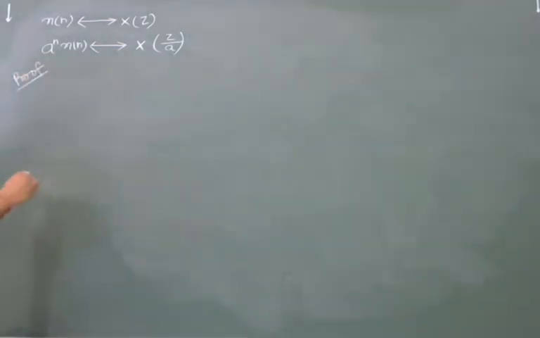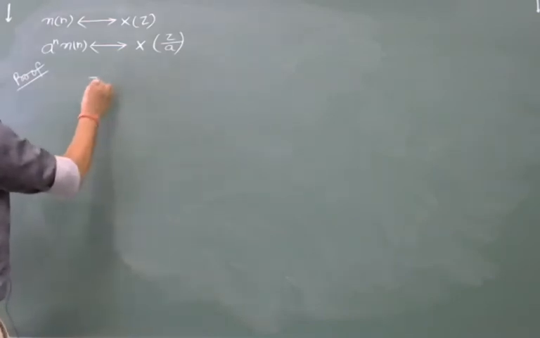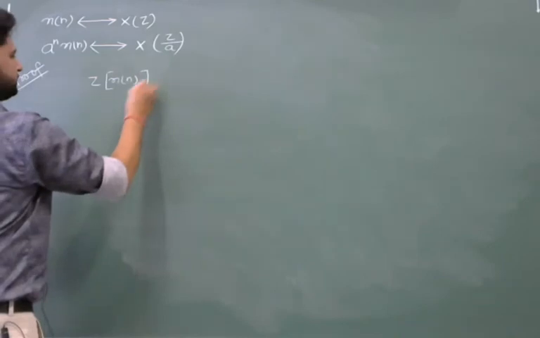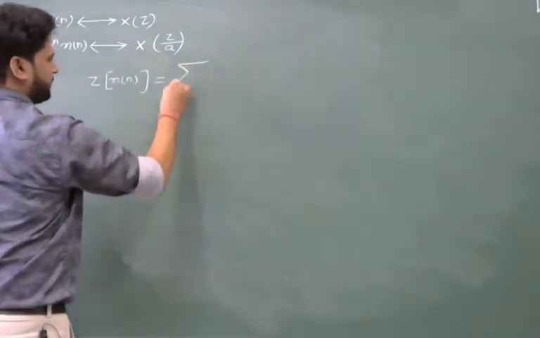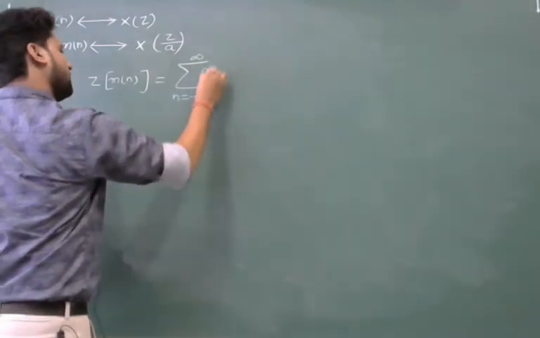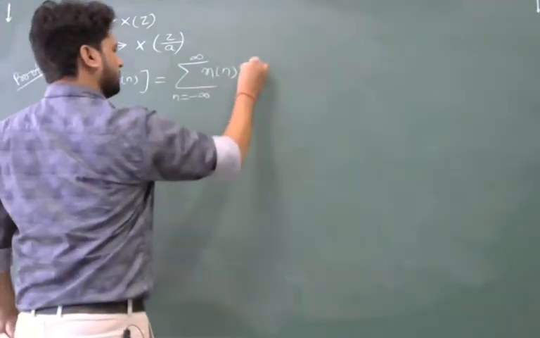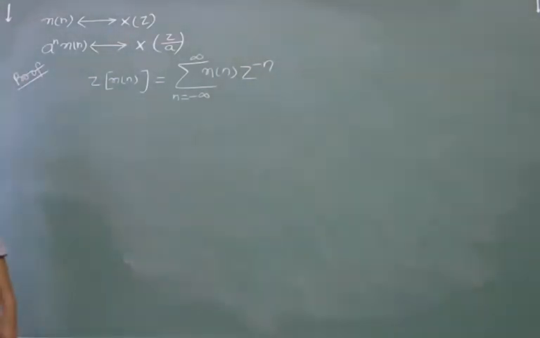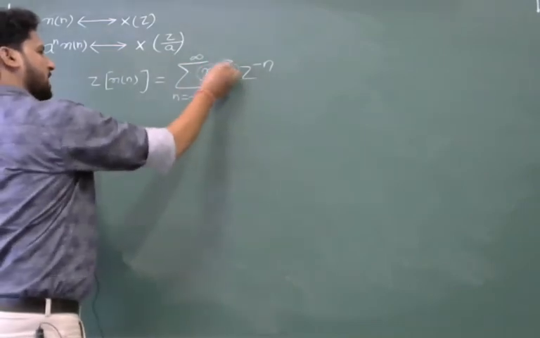As we know that the z transform of x of n can be written as sigma n from minus infinite to plus infinite x of n into z power minus n. So what will be the z transform of a power n x of n? I will replace this term by a power n x of n.